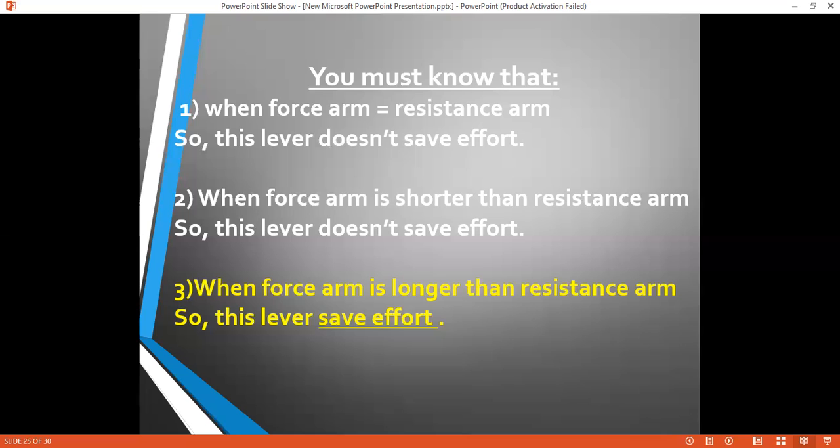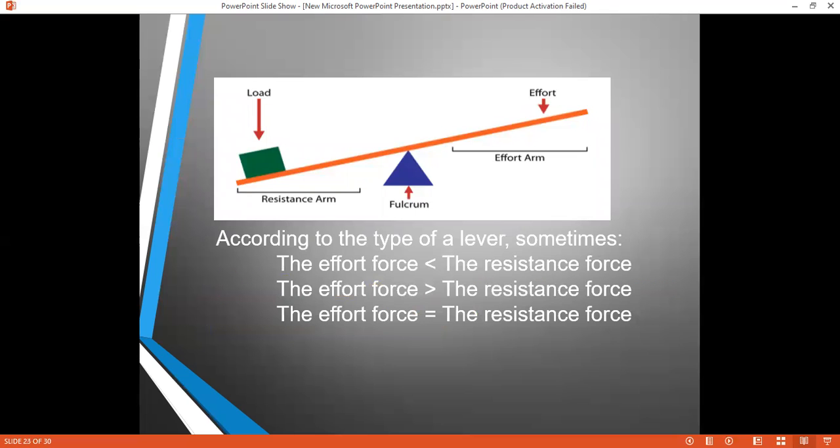But what will happen if the force arm is longer than resistance arm? It's the only case where the lever saves effort. Why? When the force arm is longer than resistance arm, as in this picture, imagine this arm is longer than this arm.